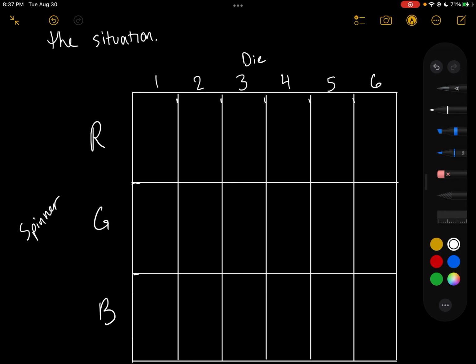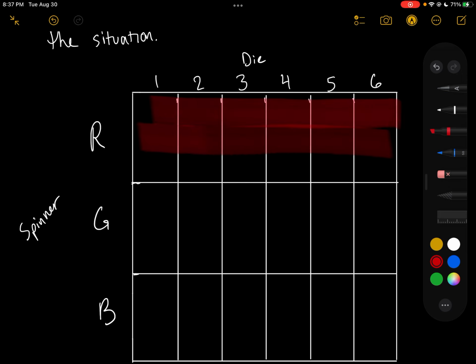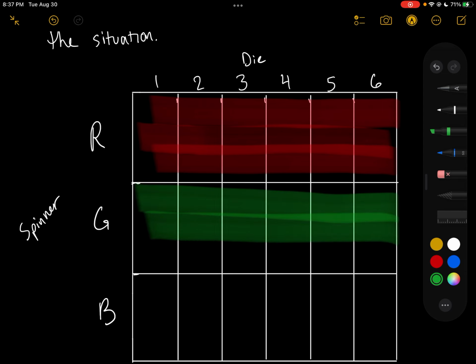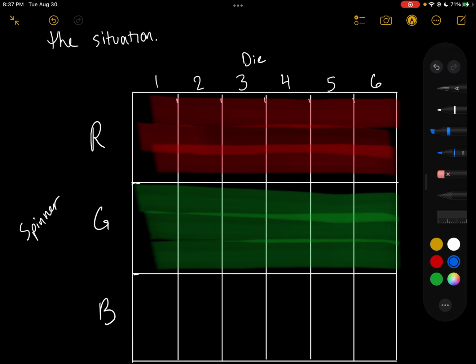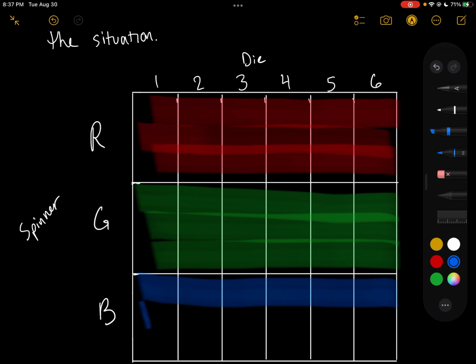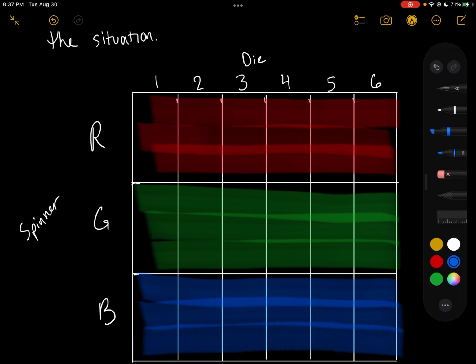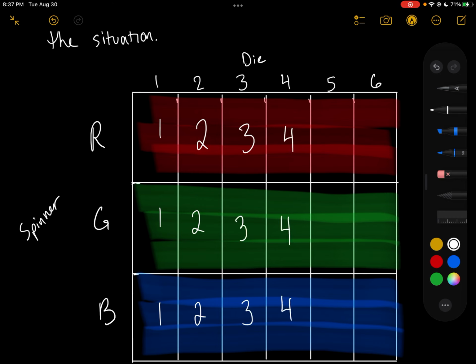If you take a look at our area model now, what this is telling us is that everything here is red, everything here is green. I was never good at coloring in the lines. And everything here is blue. The second thing is that everything here you roll a 1, everything here you roll a 2, everything here you roll a 3, and so on. And that's how you draw a sample space.